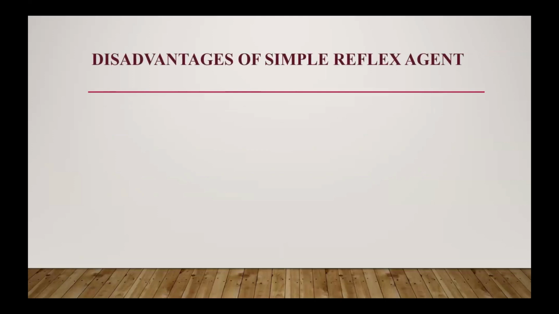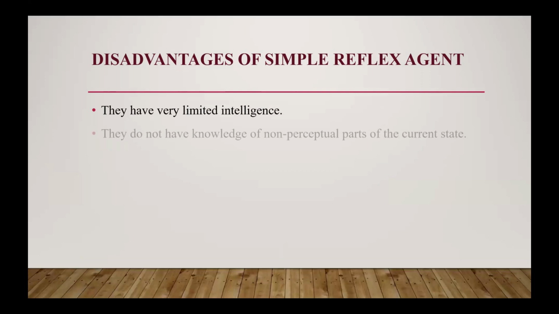But there are many drawbacks, disadvantages, because they have very limited intelligence. They perform only on the current situation. They do not go back to the previous situation. Whatever the predefined condition action, it will perform its operation. This is the way they have very limited intelligence.